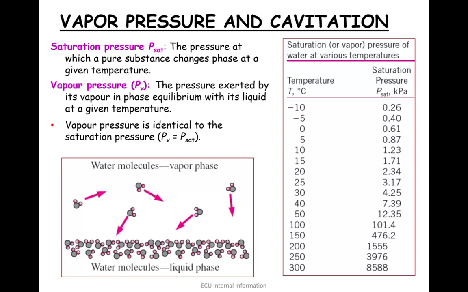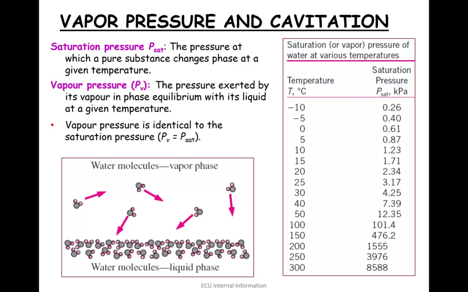The other item that you need to know, and it has lots of industry application, is vapor pressure and cavitation. Okay, first thing you need to know: saturation pressure is the pressure at which a pure substance changes phase at a given temperature.